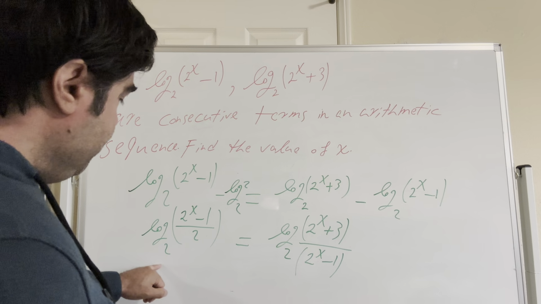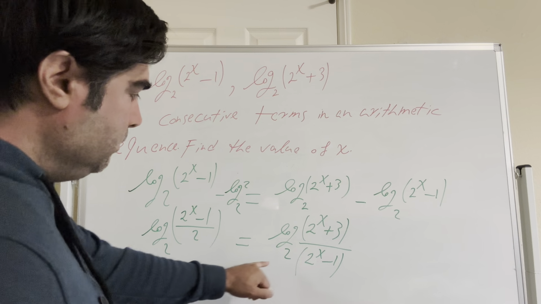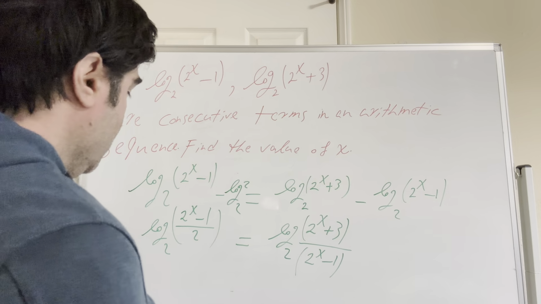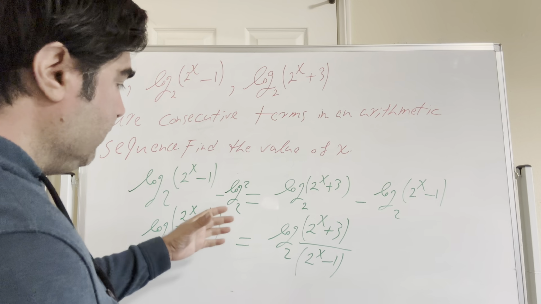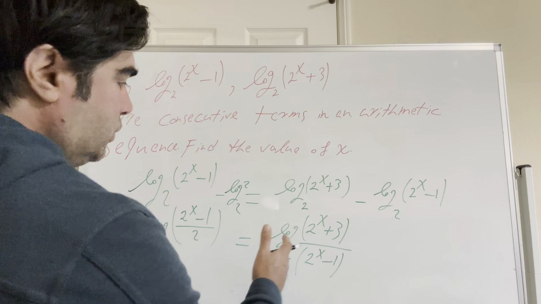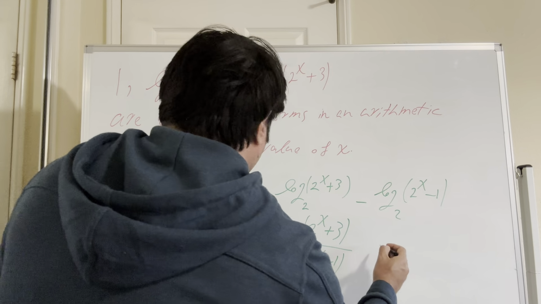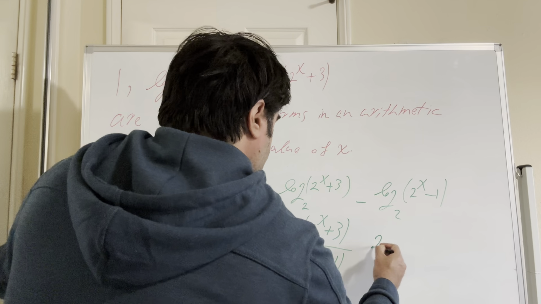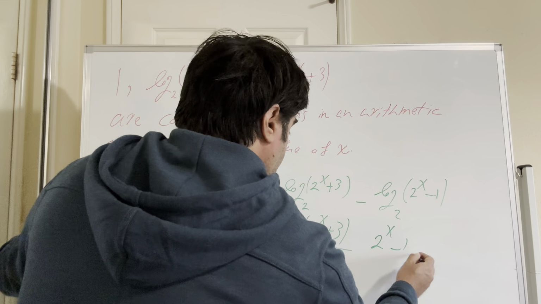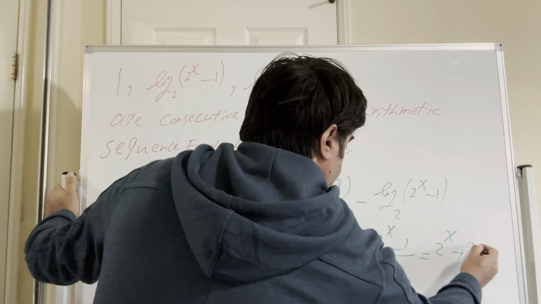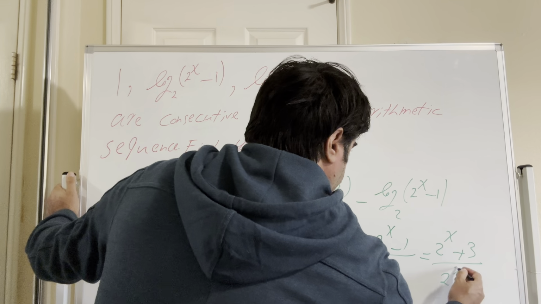Because I have the same base with log on both sides, their expressions are going to be the same, in order to have both sides equal. So I'm going to write this as 2 to the power of x minus 1 over 2 equals 2 to the power of x plus 3 over 2 to the power of x minus 1.